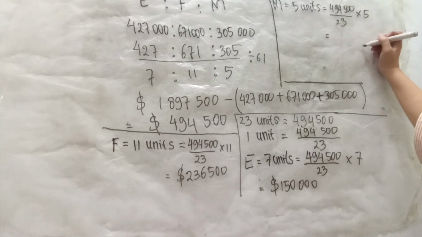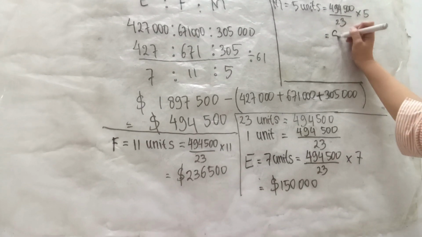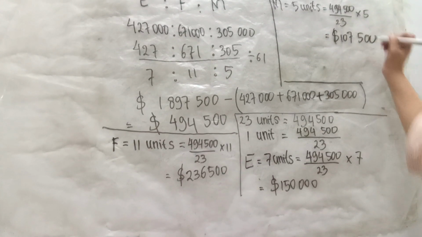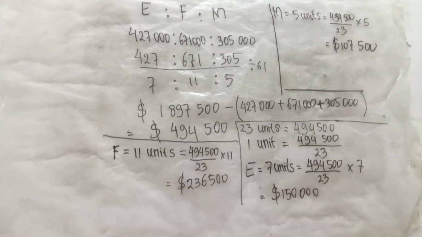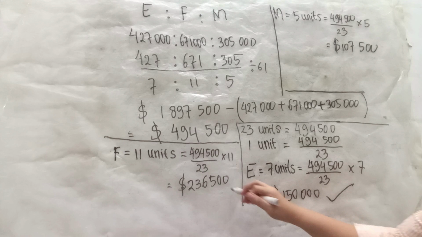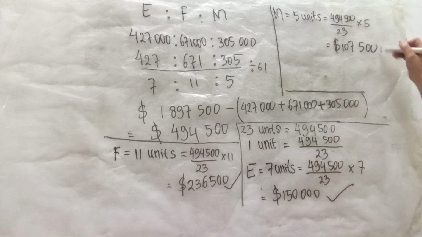Then you will get the final answer, 107,500. So this is for finding the amount of profit each of them received: this is for Ethan, this for Farhan, this for Michael.